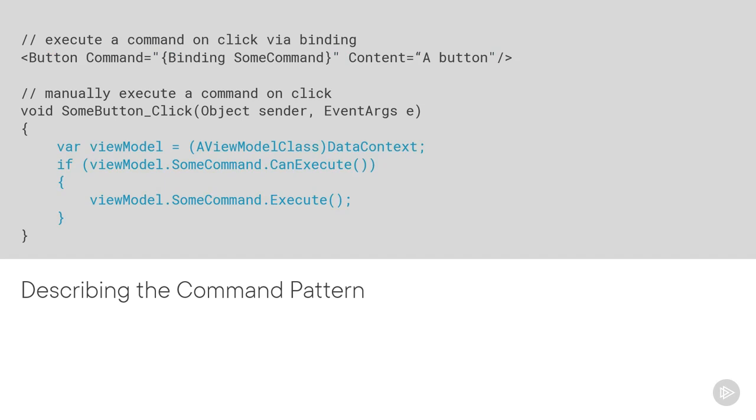You can see examples of that on screen now. Don't worry if that code doesn't look familiar. It's just here for illustration purposes for those of you who've got some experience with the MVVM pattern and/or XAML development. Let's learn how we can create these commands.